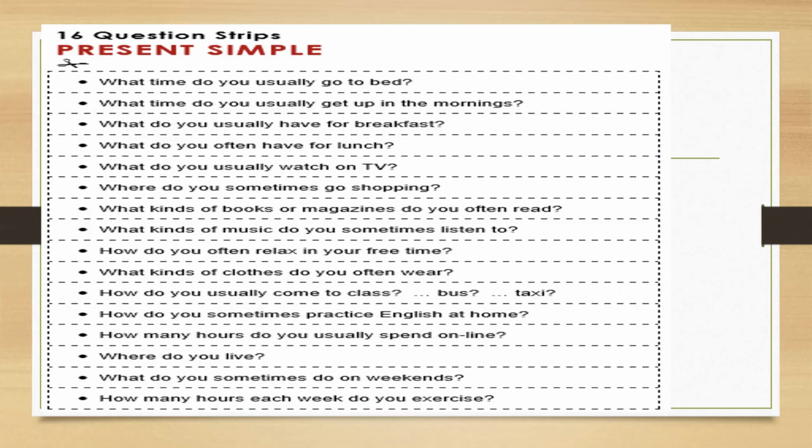Bus? Taxi? How do you sometimes practice English at home? How many hours do you usually spend online? Where do you live? What do you sometimes do on weekends? How many hours each week do you exercise?